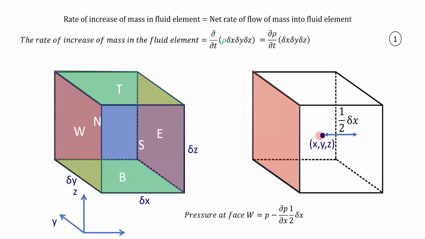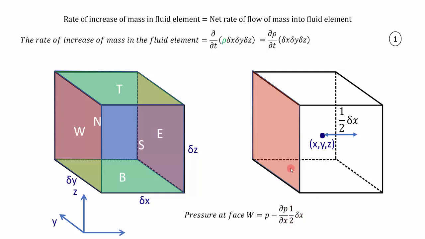That is this half into del x, the distance we have mentioned here. And the minus sign is given here because it is on the left-hand side. We have taken positive x in this direction, so this wall is in the negative direction. That's why we have written the pressure minus the change in pressure over the distance of half del x.